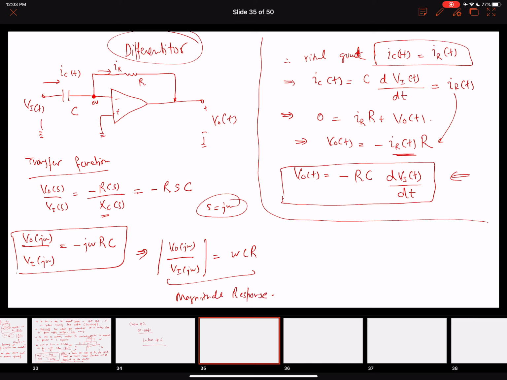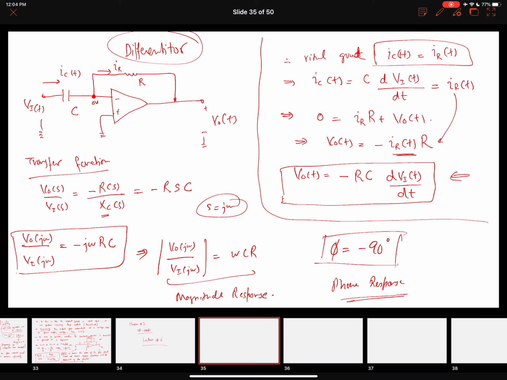Then we can also find out the phase response, which is the tangent inverse of minus B over A for complex numbers. So the phase response is going to come out to be minus 90 degrees. This is the phase response of this differentiator circuit.